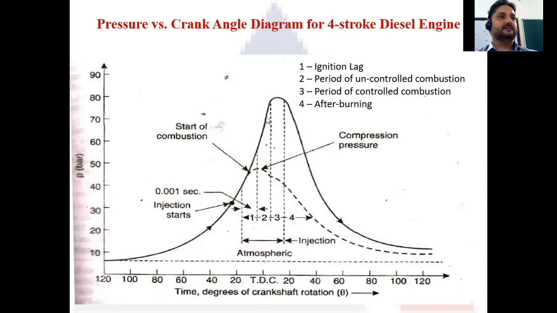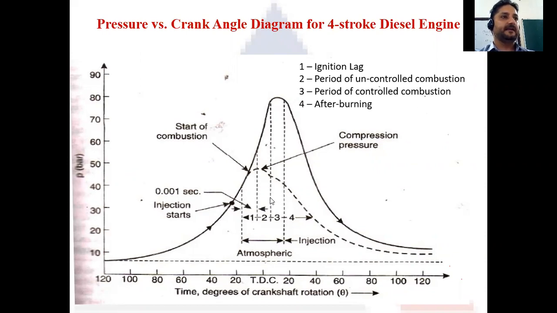So the whole combustion inside a diesel engine has been divided into 4 stages. The first stage is the ignition advance stage. In the second stage, the fuel that has been injected till this point will burn. This is the period of uncontrolled combustion. All the fuel that has entered will burn; you cannot control the combustion.